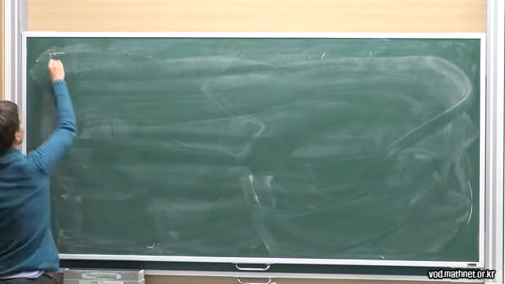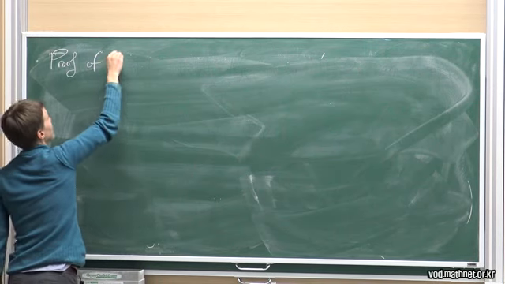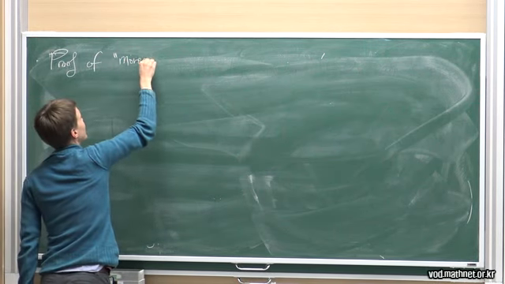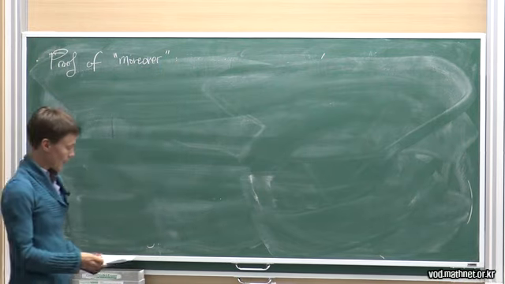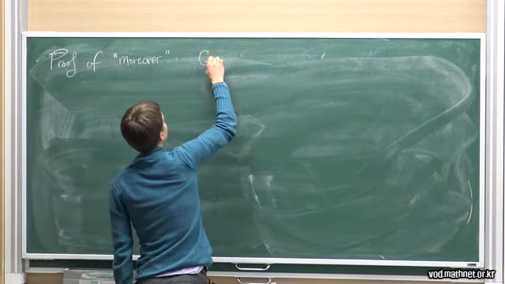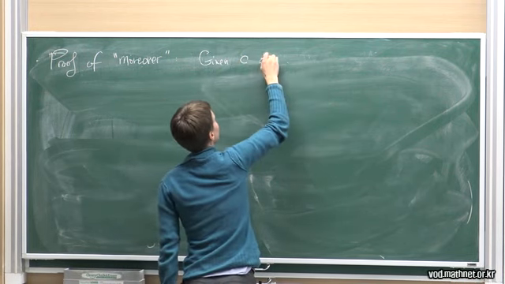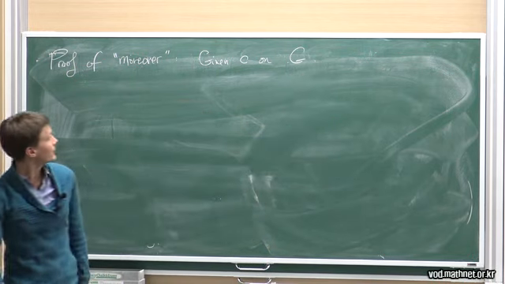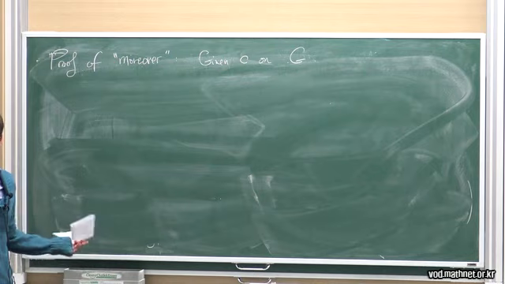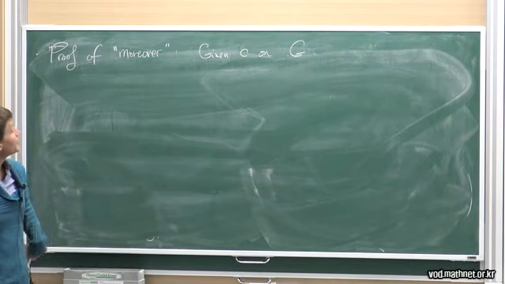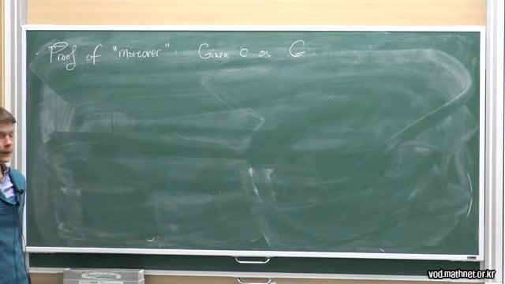Okay, so here's the proof, or at least a sketch of the moreover. I'm given a circular order C on some countable group G, and I want to build an action of this group on the circle in some kind of canonical way. So I have a countable group. I'm going to start by enumerating it.